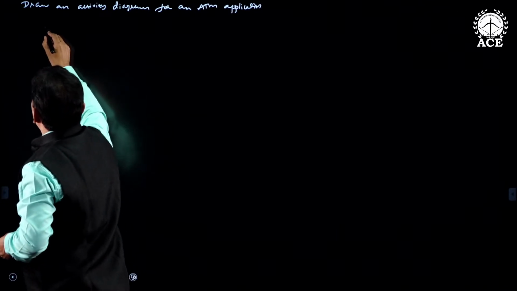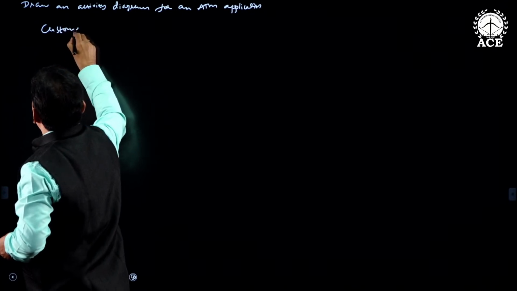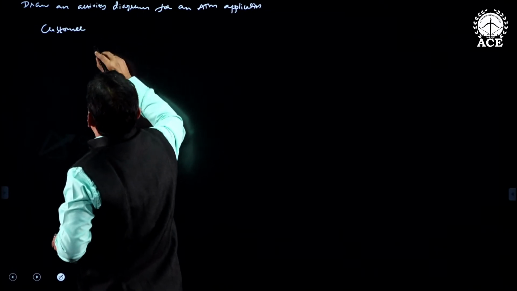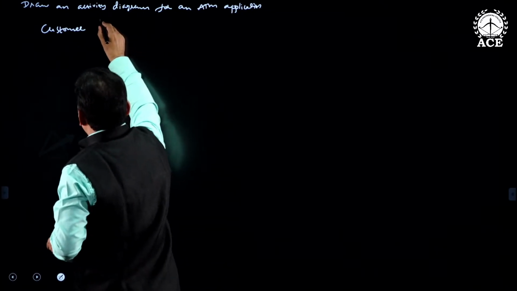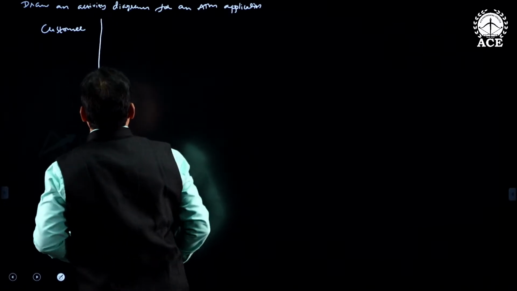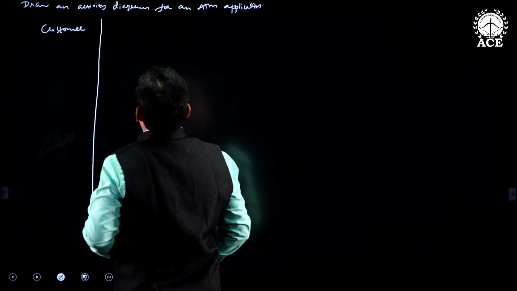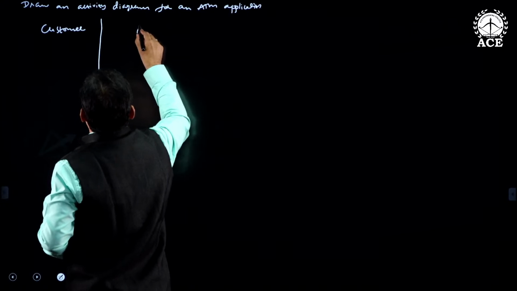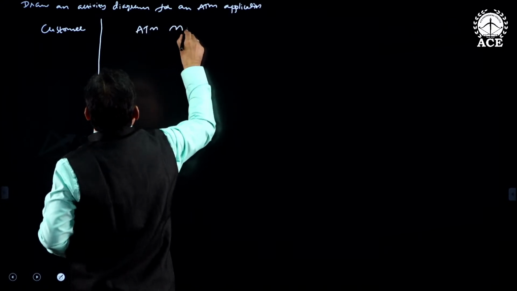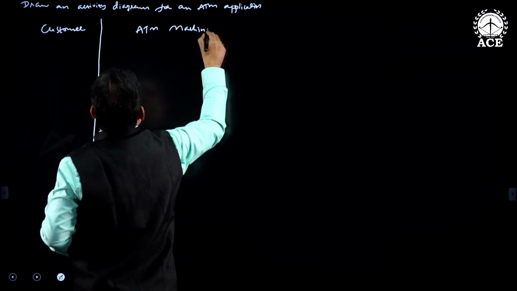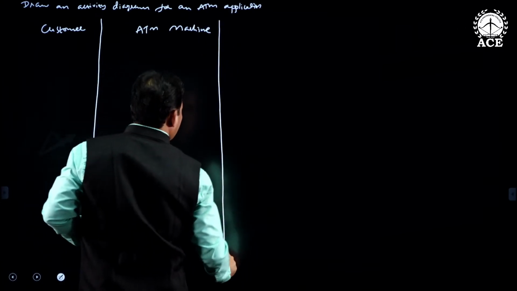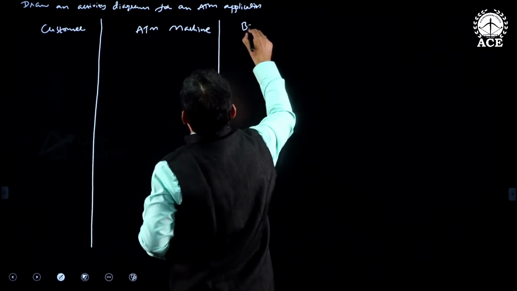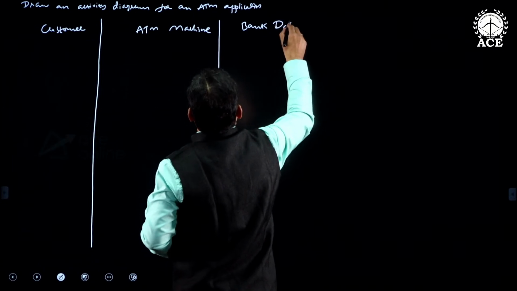The customer is one of the activities. The swim lanes are customer, ATM machine, and bank database.